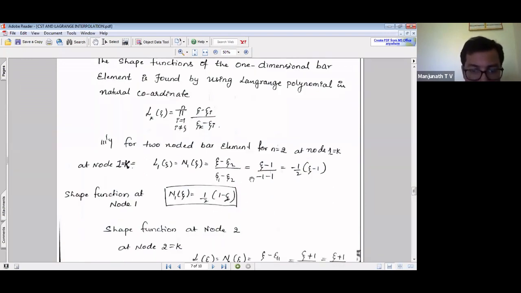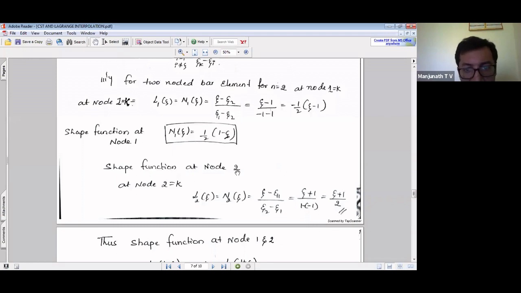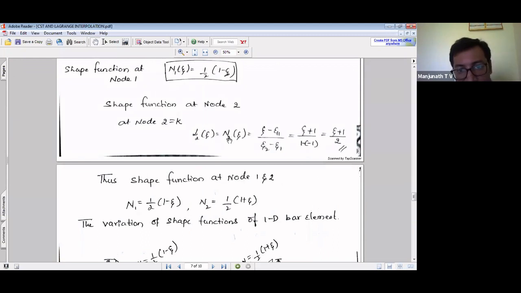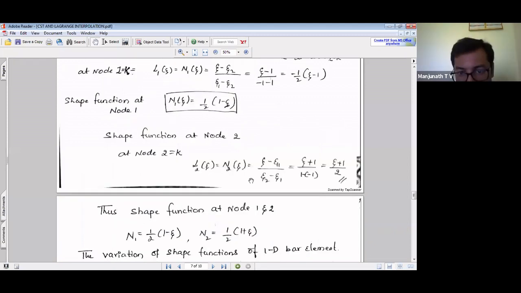Similarly, if you want to find the shape function at node number 2, just write the shape function at node number 2 as N2, in the direction of zeta, which is equal to the same expression at the kth node. The overall equation becomes zeta minus zeta 1 divided by zeta 2 minus zeta 1. Here i becomes 1 and k becomes 2.